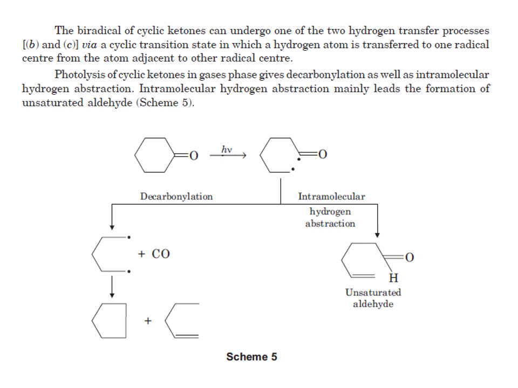And again, if the intramolecular hydrogen abstraction happens at the beta position of this alkyl radical, then it will produce an unsaturated aldehyde that we showed previously, and that reaction can be predominant in the gas phase.